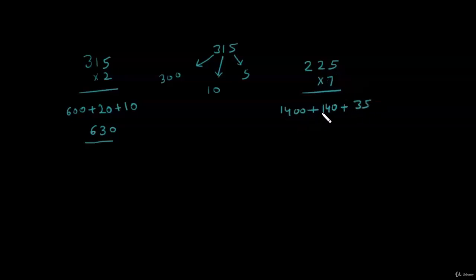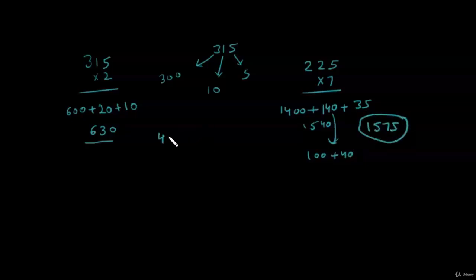Now 1400 plus 140 is 1540. For adding these, we can split this 140 into 100 plus 40 in our brain. So 1400 plus 100 is 1500, 1540, and plus 35. 1540 plus 35 is 1575.